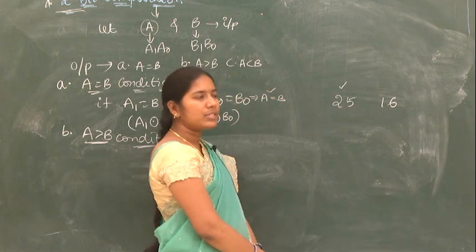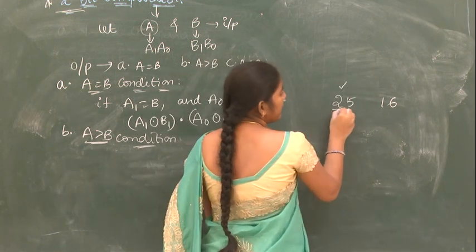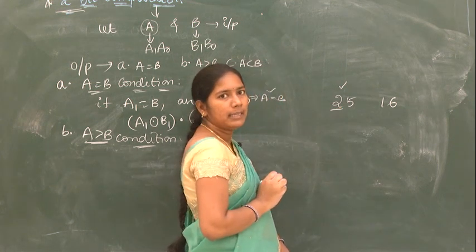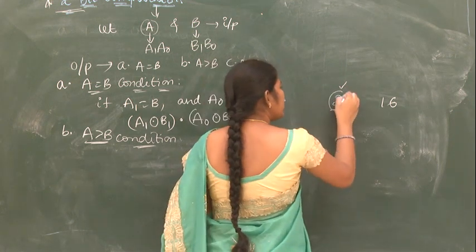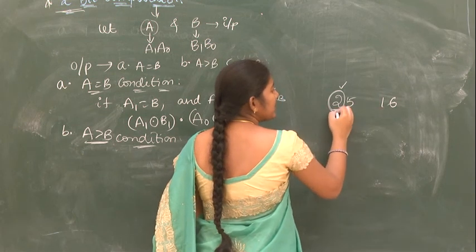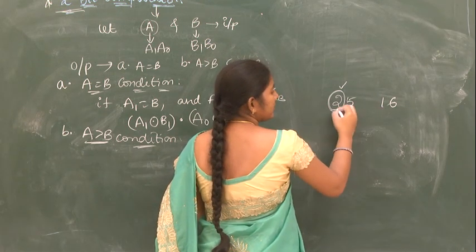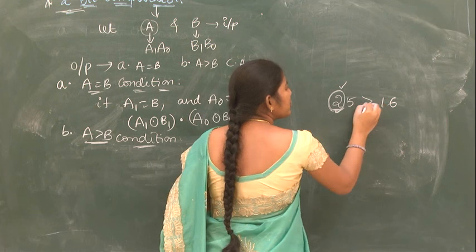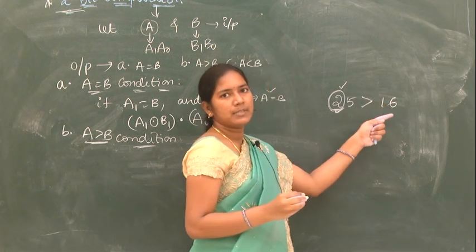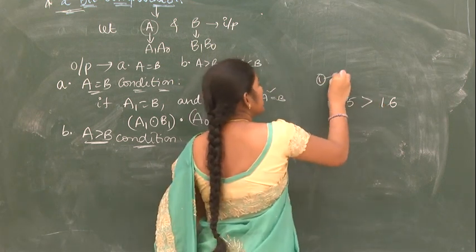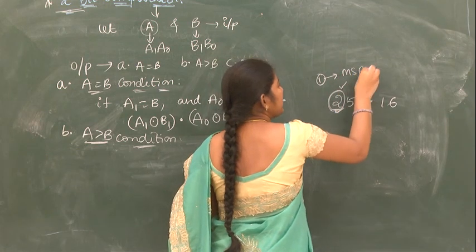But actually what will we check? We'll check first the MSB position. Right? So as the MSB position is larger here, we are assuming 25 is larger than 16. So generally we'll check first the MSB position.